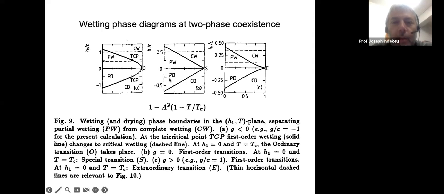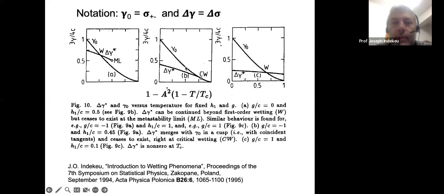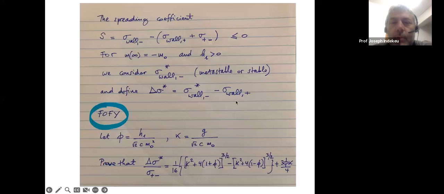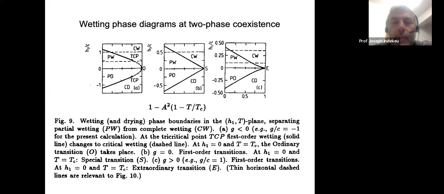Okay. So if we have no enhancement at all, G equals 0, then this wall boundary condition is a horizontal straight line. And that was the case over here. So this belongs to the G equals 0 situation. We have a first order wetting transition, and the locus of those transitions in the H1 temperature plane is then a straight line like this.